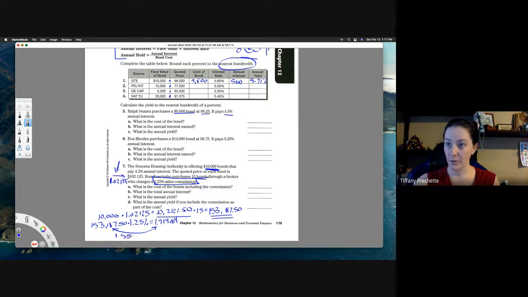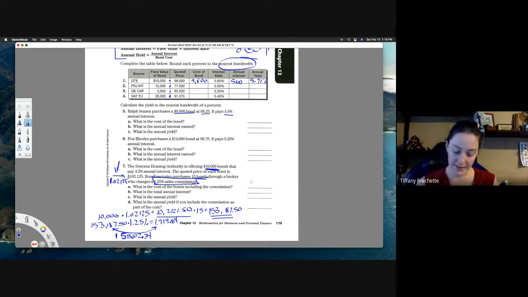So I end up with 155,102.34. Sorry, it gets a little harder to write toward the bottom of the pages here. All right, so I know that's a little sloppy down here at the bottom, but this is part A. This is the cost of the bonds, including the commission.